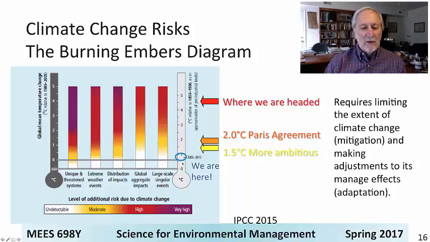This figure is often referred to as the burning embers diagram, which shows you, if you take various issues that you'd want to be concerned about, unique and threatened systems, extreme weather events, and these large-scale global or subglobal events that can be of great consequence, the temperature indication of these indicates how intense and how substantial these changes would be based upon an increase in global temperature.